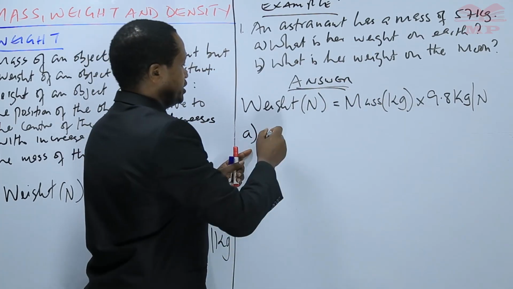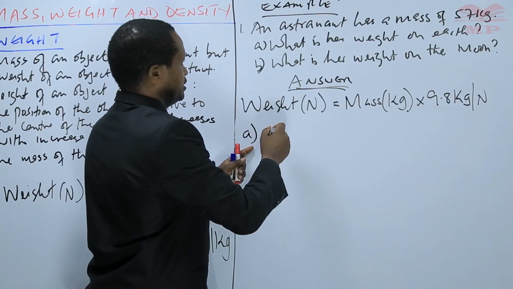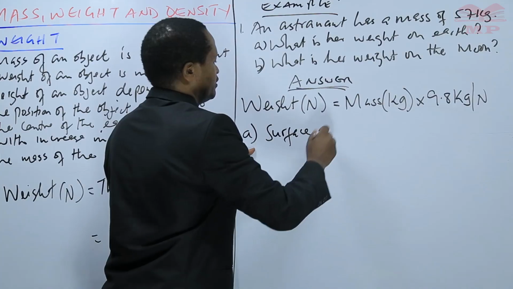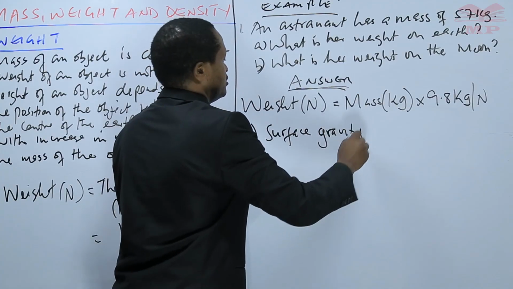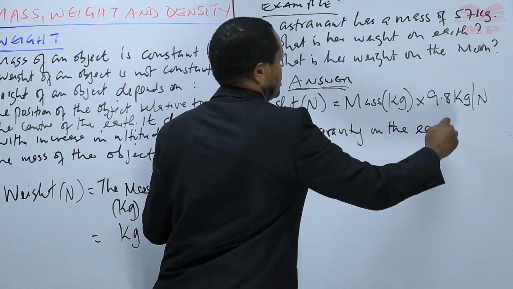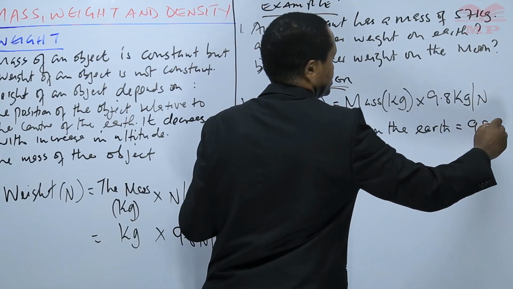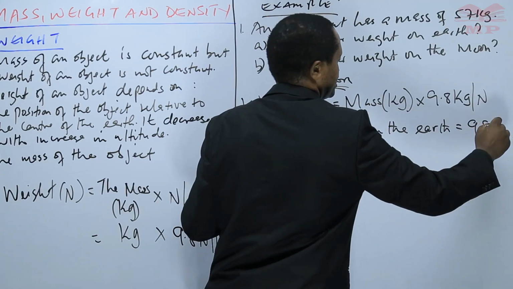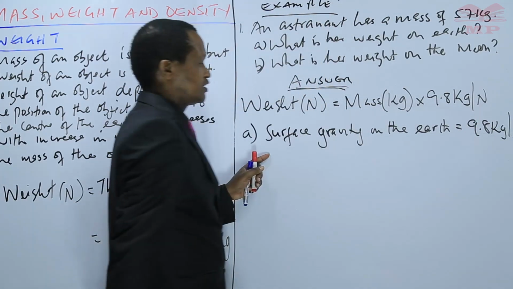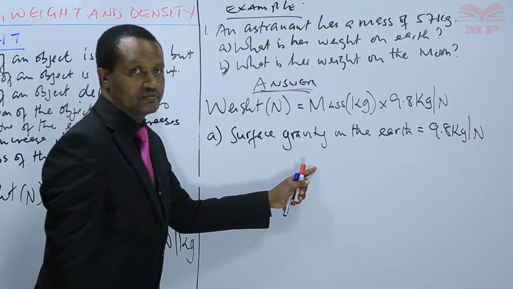Let me write the surface gravity on the Earth is equal to 9.8 newtons per kilogram.